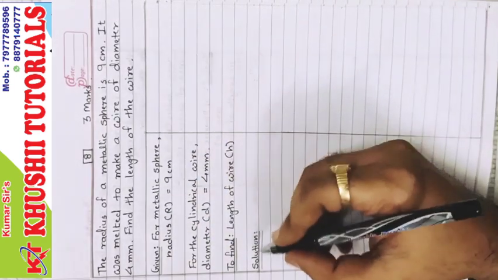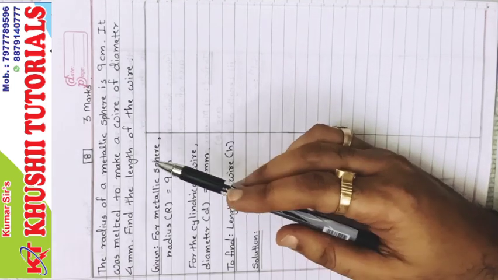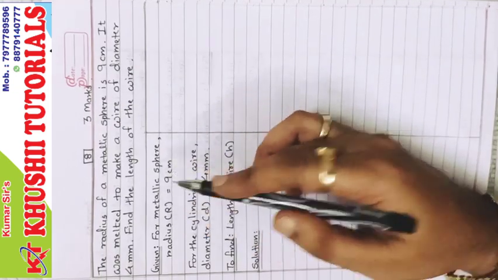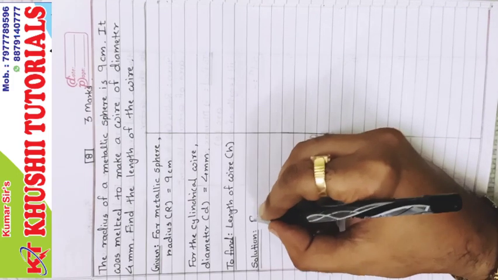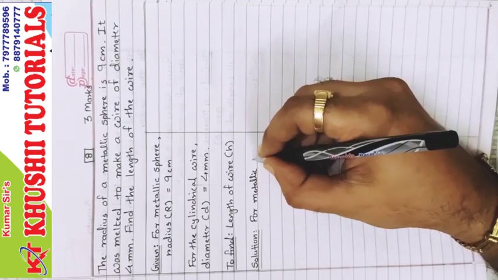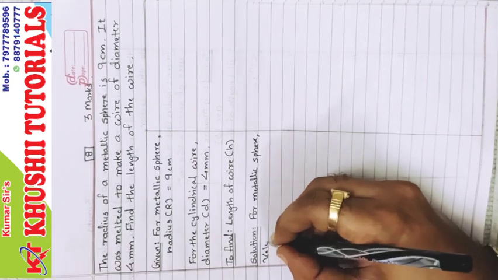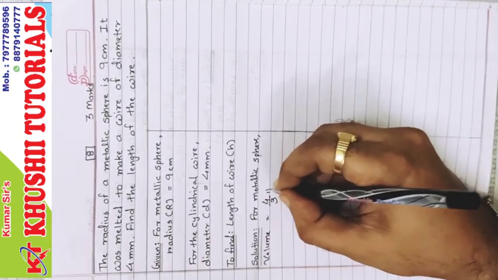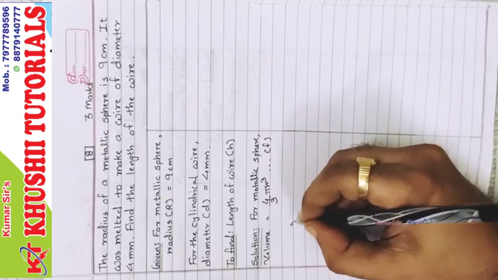Let's start. Now solution. First of all, as we are melting the metallic sphere of radius 9 centimeter, we will find first the volume of the metallic sphere. For metallic sphere, volume equal to 4 upon 3 pi r cube, and that is the formula.